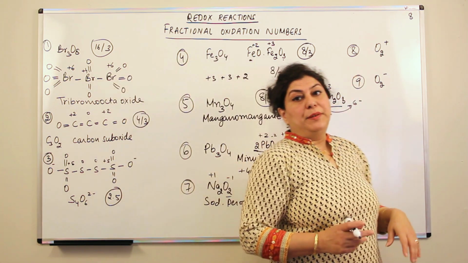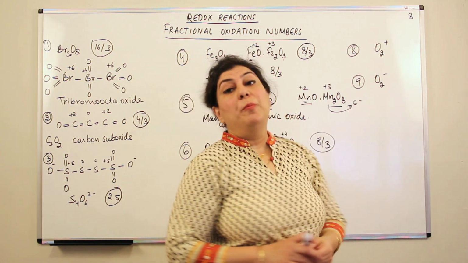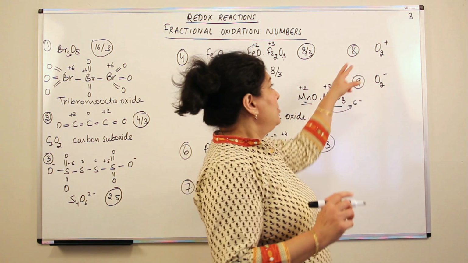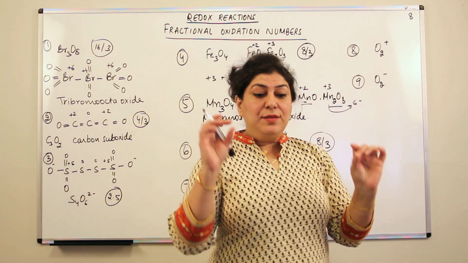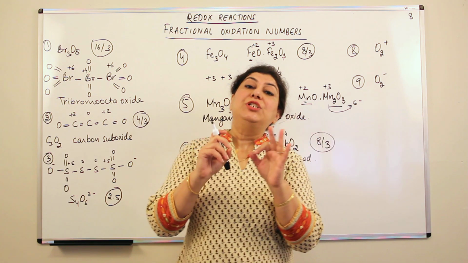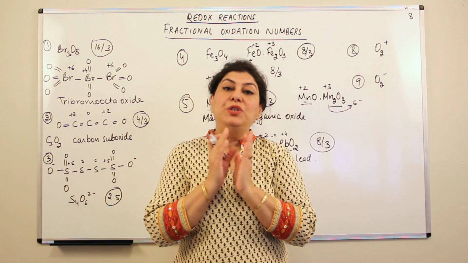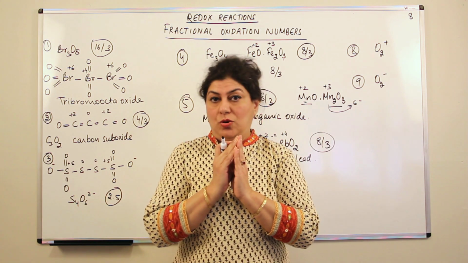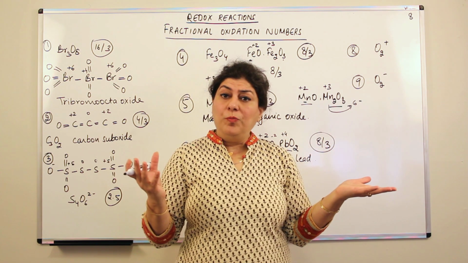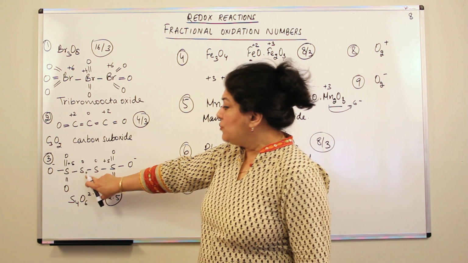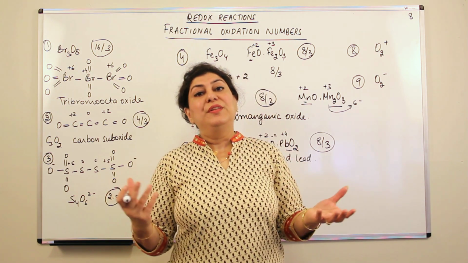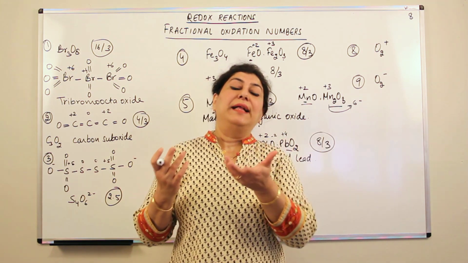The eighth example here now is O2 positive. There are 2 atoms of oxygen and both of them are bound to each other. So what would the oxidation state be? The oxidation state would be 0. Why? Because whenever you have atoms of the same element, none of them is more electronegative than the other.